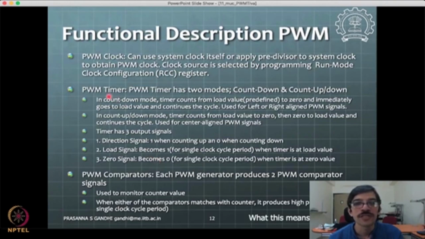If you understand, for example, the modes of the timer, there is a count down timer mode, or a count up and down timer mode.